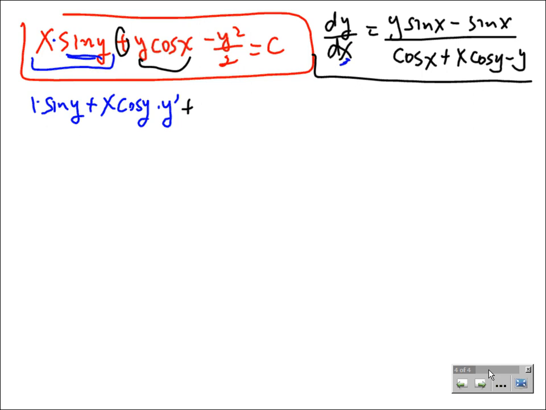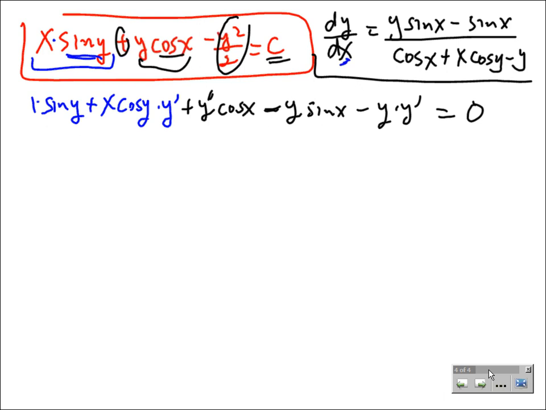Product rule. The derivative of y is y prime times the second function, plus the first function times the derivative of the second, which made this negative, because it's negative sine x, minus the derivative of that, which is y times y prime, and it equals the derivative of a constant, which is 0.